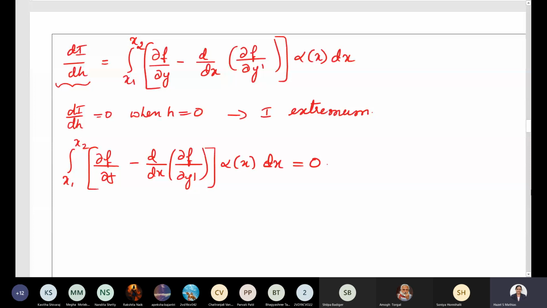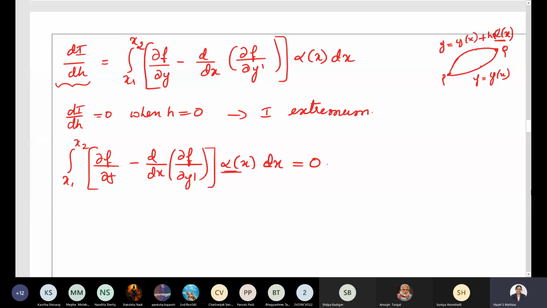Now we know this alpha is some arbitrary function on the curve. See, this is that curve we had, y equal to y of x. This was y equal to y of x plus h times alpha of x. At this point, alpha of x1 and x2 must be 0, because this curve also passes through P and Q. On this curve, alpha is varying.